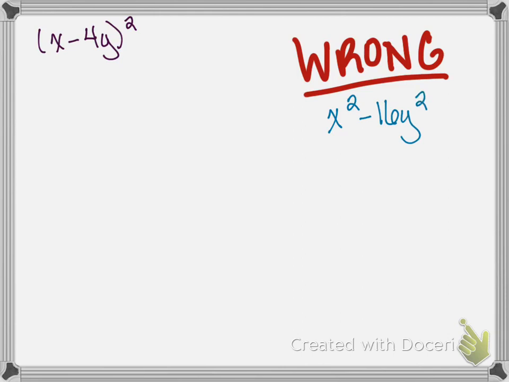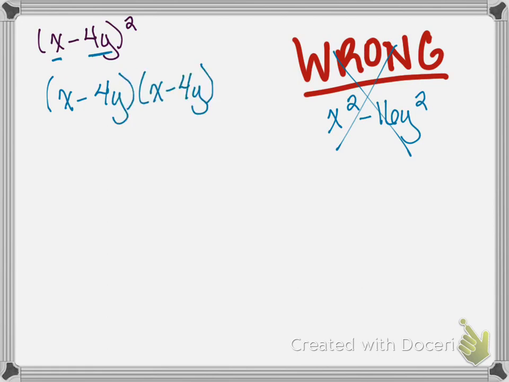They want to square the x, they want to square this, and then they want to be done. But that is incorrect. What x minus 4y squared means is x minus 4y times x minus 4y. That's what that means.